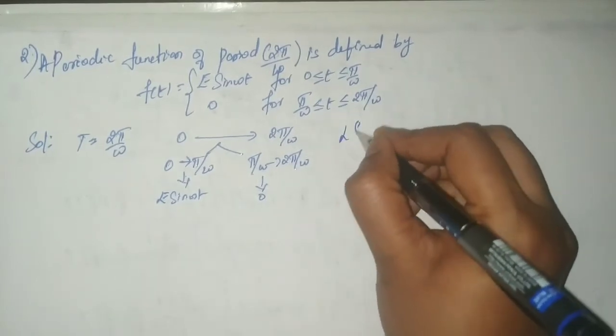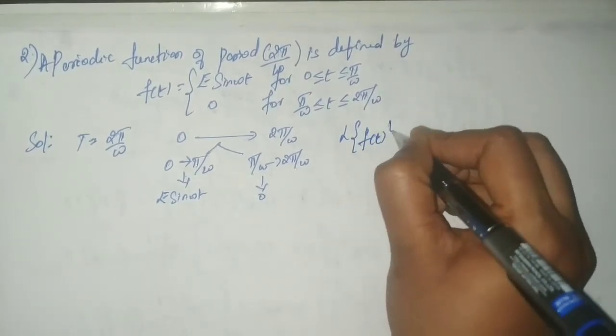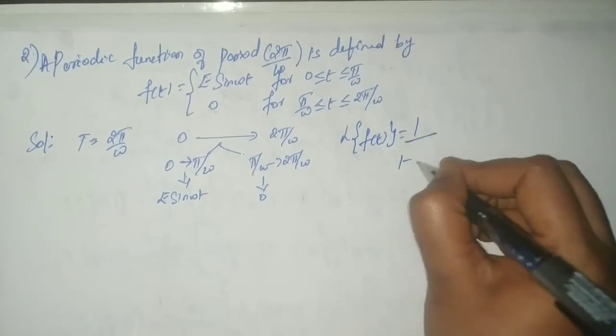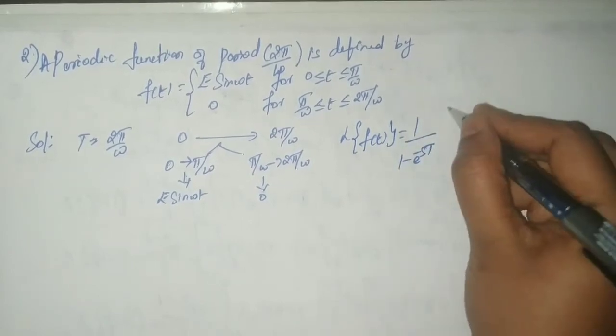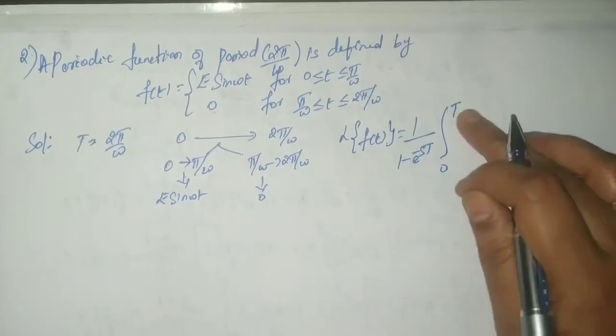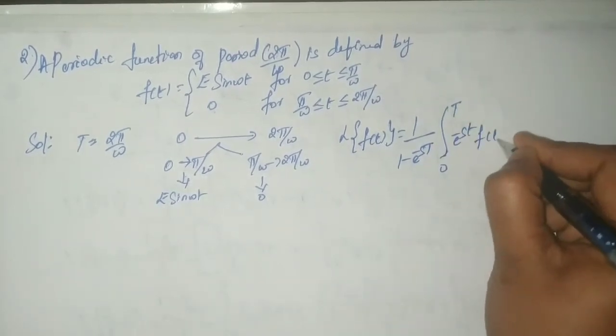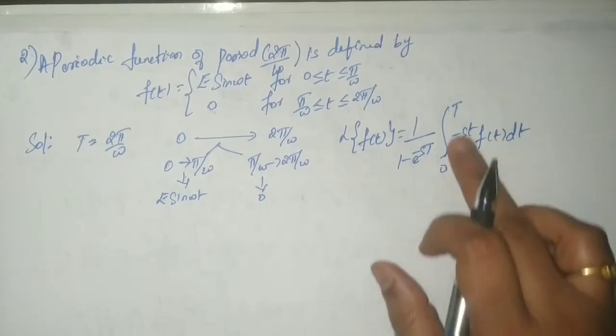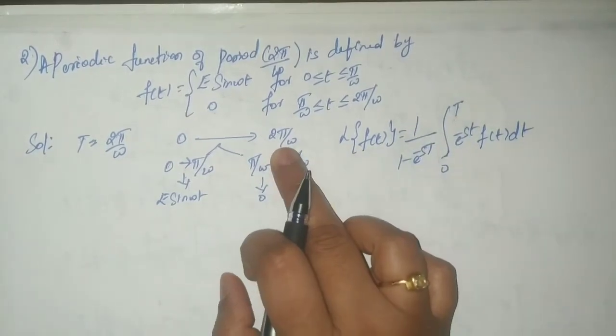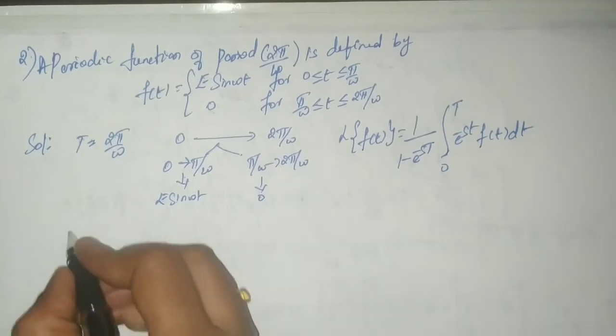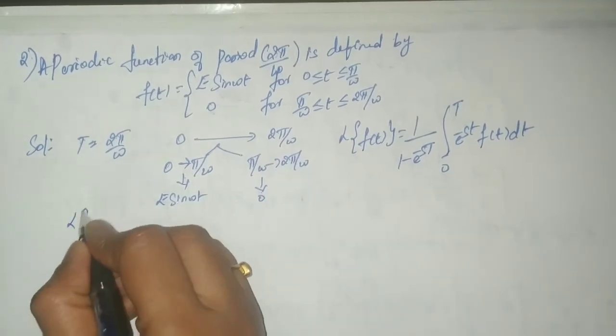First let us write the formula of the Laplace transform of a periodic function, which is 1 by 1 minus e power minus sT, integral 0 to capital T, e power minus st f of t into dt. Instead of T, they have given us 0 to 2 pi by omega. So start the solution.